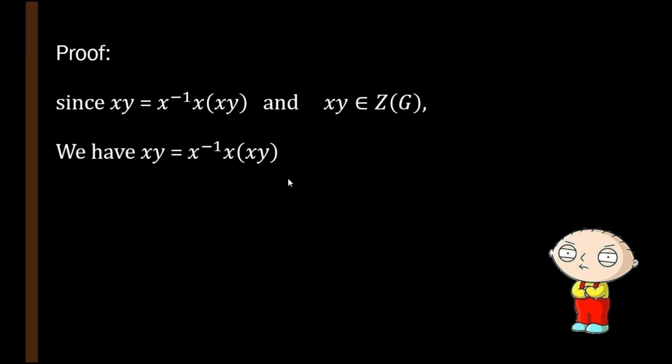Due to the fact that the multiplication is commutative, I can say xy is equal to the inverse of x times (xy) times x.